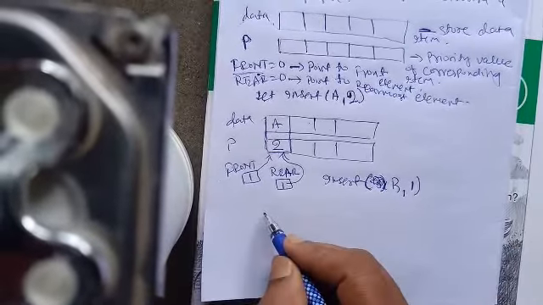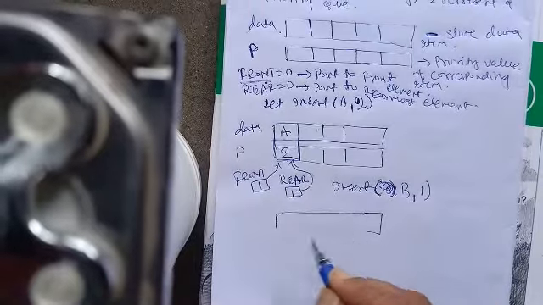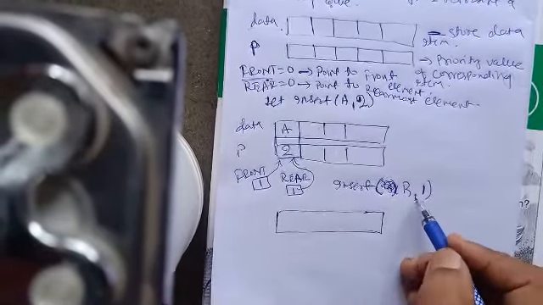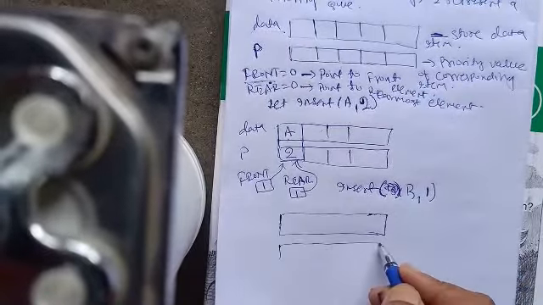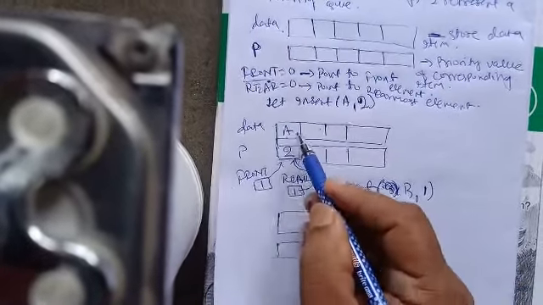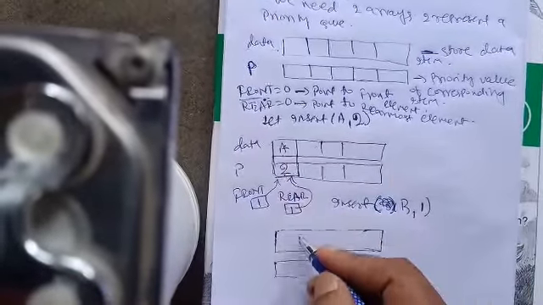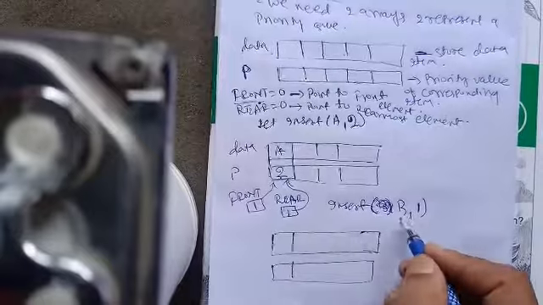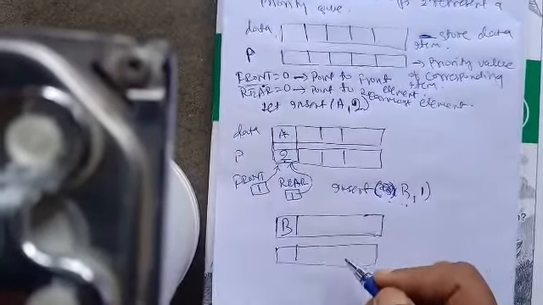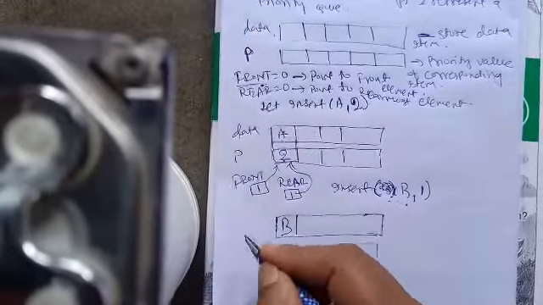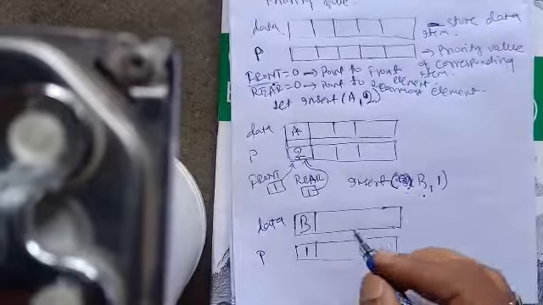So how will it be inserted? Now again, what happens during insertion? When a high priority element arrives, the data A as well as its priority must be shifted back to make space available for B. So B will be stored here, B's priority will be stored here. This is data, this is priority.